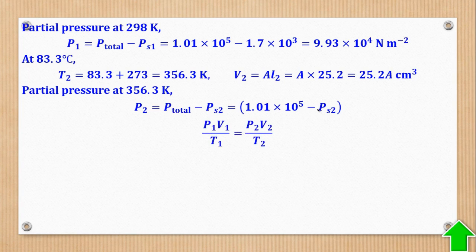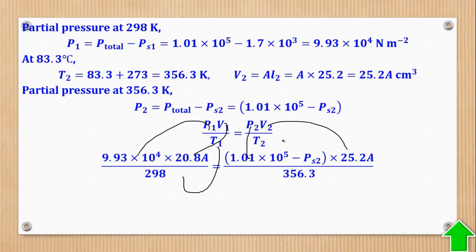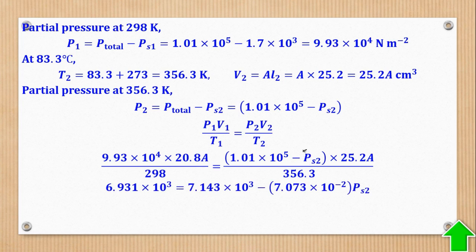Now we can use the ideal gas equation and substitute P1, V1, T1, P2, V2, T2. Then you realize that this is the only unknown, so we shall make it the subject.